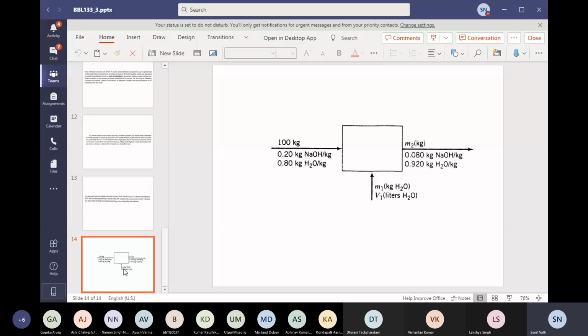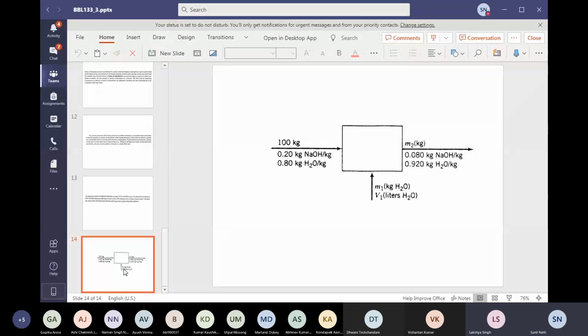How much sodium hydroxide is coming in? 20 kg. Exactly, 20 kg, 0.2 into 100. How much is going out? M2 into 0.08. It's a simple equation to calculate M2. So find what M2 is. 250 kg.